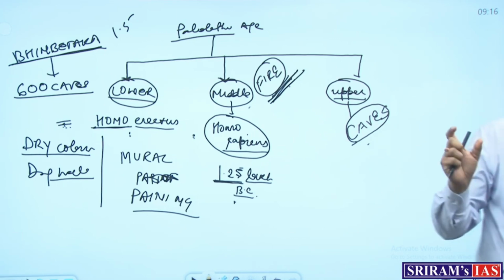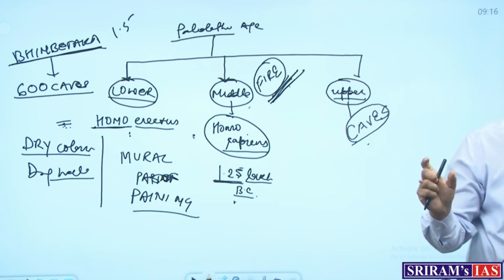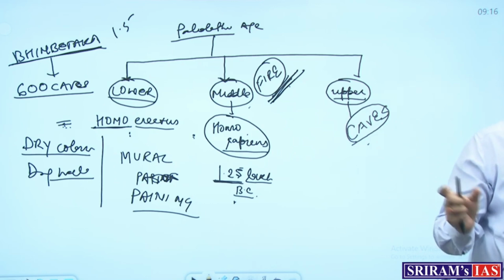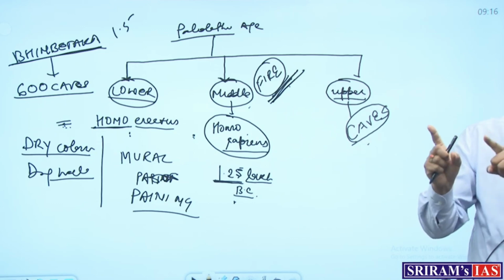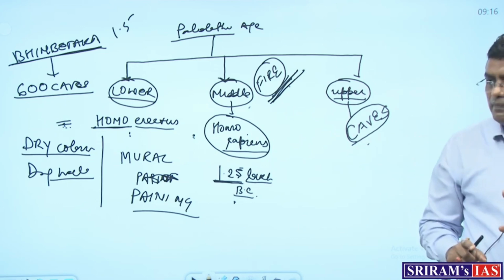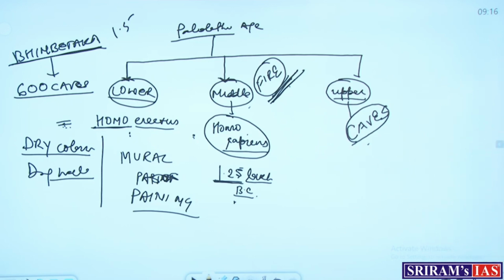So the difference between mural and fresco is dry color on dry wall and wet color on wet plaster. So this is what mural and fresco are. We will study in art and culture Ajanta. The paintings of Ajanta are both mural and fresco.